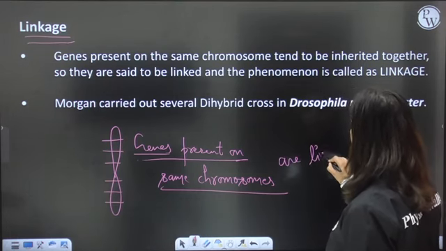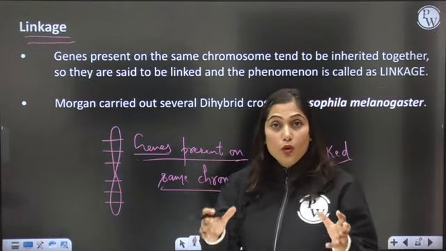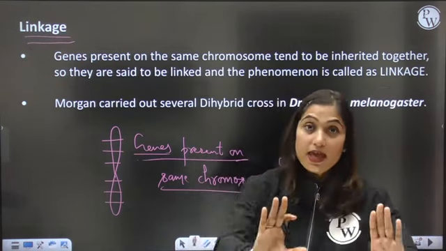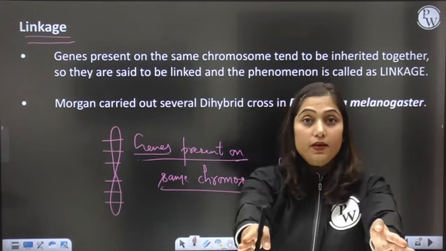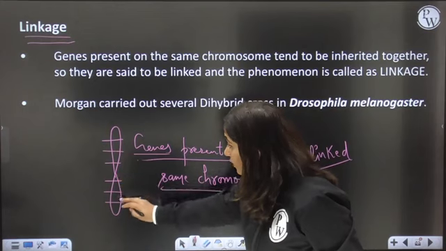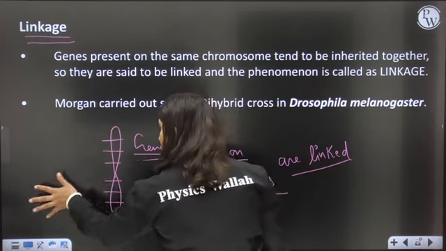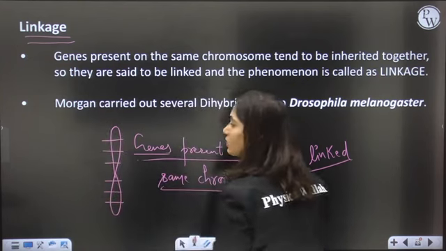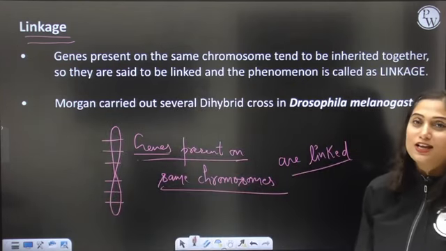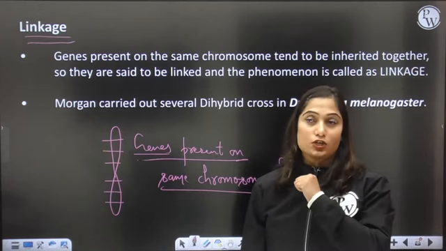And why are they said to be linked? Because they will always inherit together. They will always move together, right? So these genes represent a single unit which will always be inherited together. They are all associated with each other and all linked. And this phenomenon is called linkage.